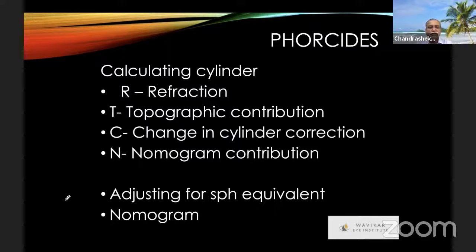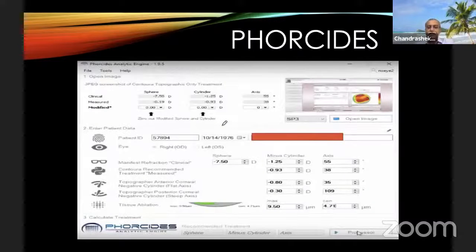Number 1 is refraction, number 2 is the topographic contribution, third is the posterior corneal astigmatism, and fourth is the lenticular astigmatism. So you take all of them, make a vector summation, and adjust for spherical equivalent and nomogram. All these things are done by Forcides, and it takes hardly any time.